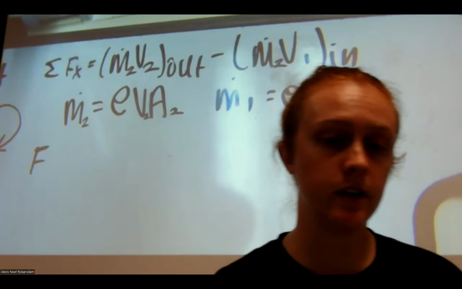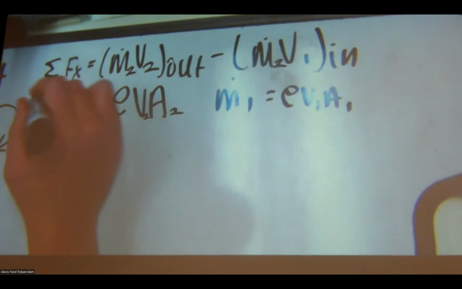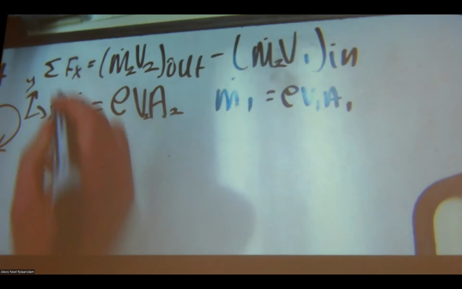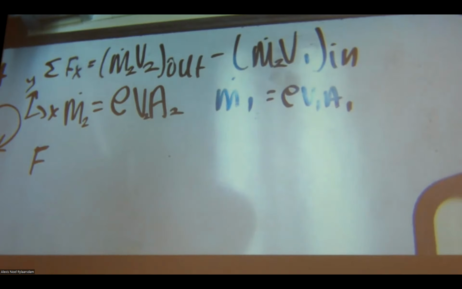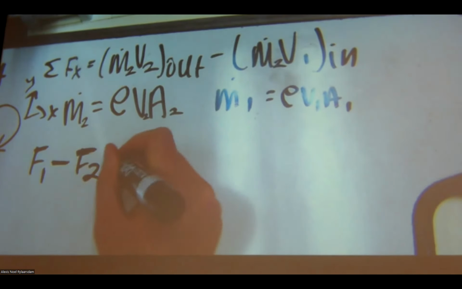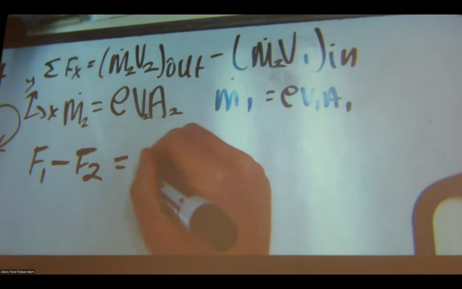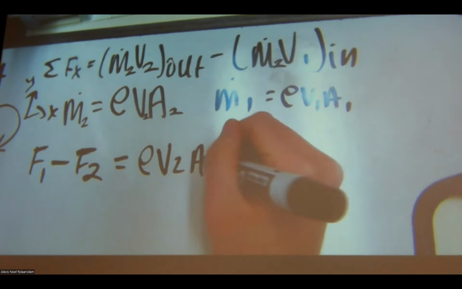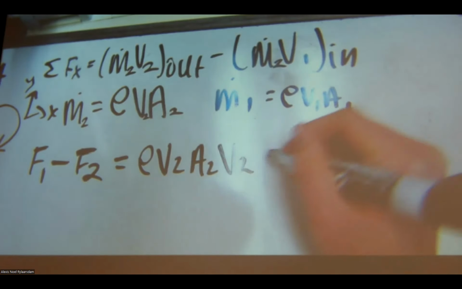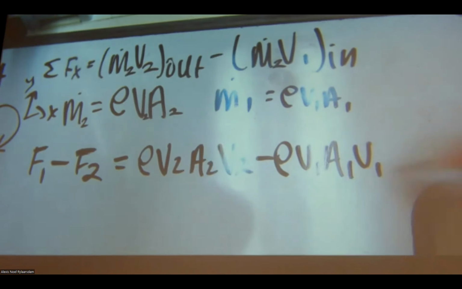That's very important. It's also important to label where our x and y are. Let's assume x to the right is positive, y up is positive. That means F1 is positive and F2 is negative. We know that m dot 2 is equal to rho V2 A2 times V2 minus rho V1 A1 V1.